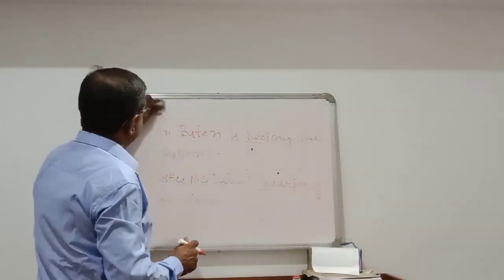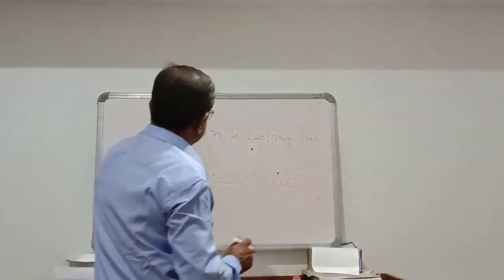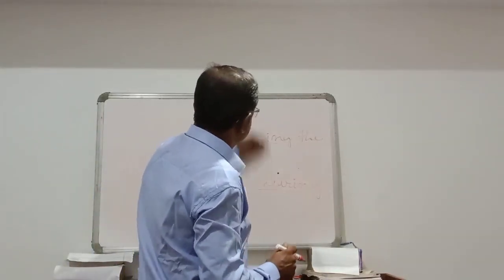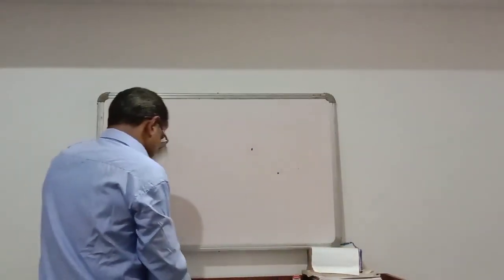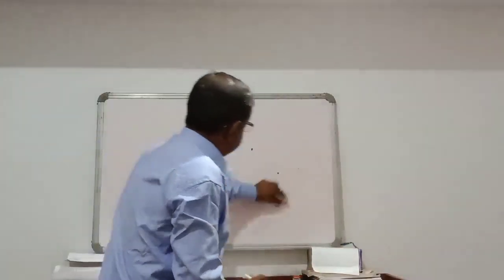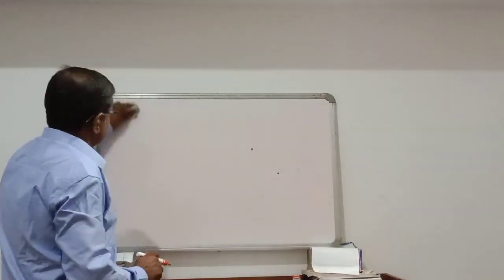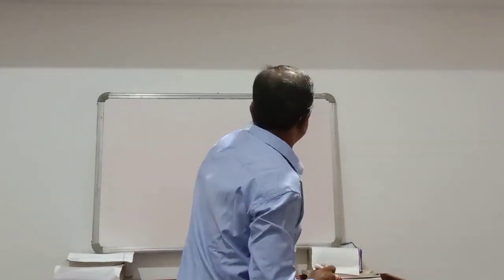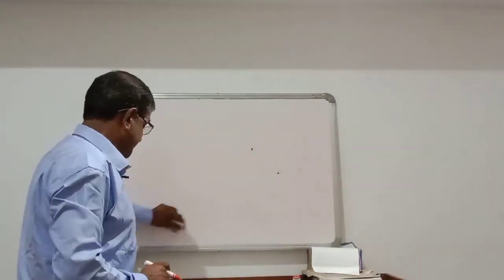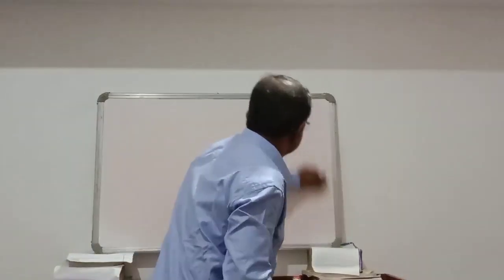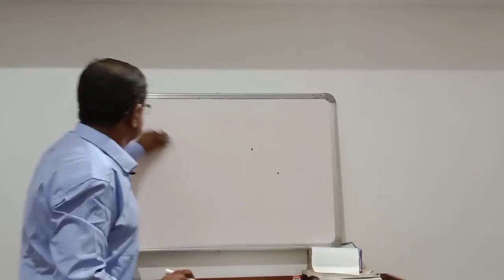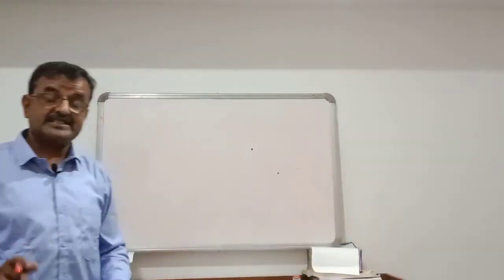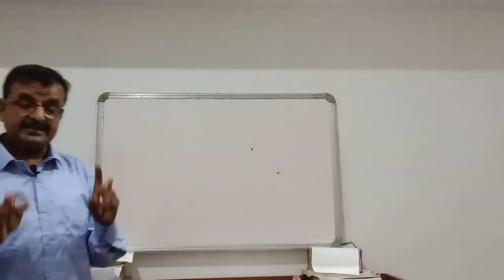So I think all of you have understood the uses of present continuous tense. So there is a difference between simple present and present continuous tense. You hear attentively, there are differences between present continuous and simple present tenses.